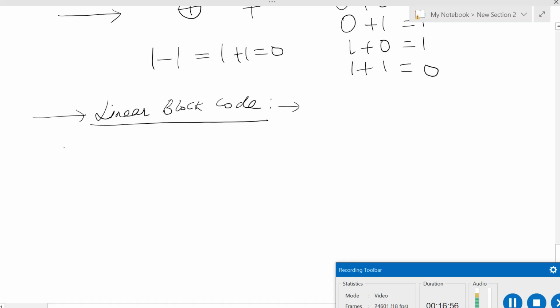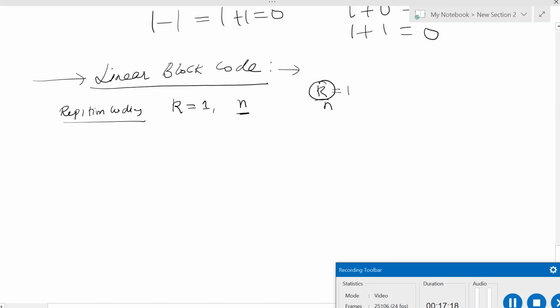If you recall the repetition coding, you were choosing message bit one at a time, and n is the channel code length or the encoded length. So the k by n, this k was fixed.